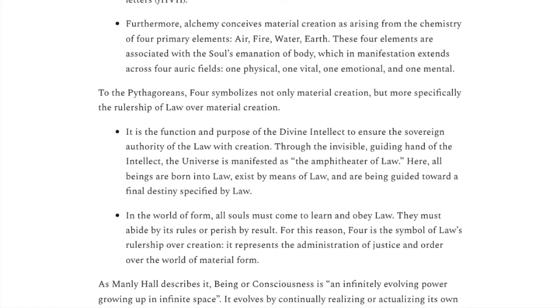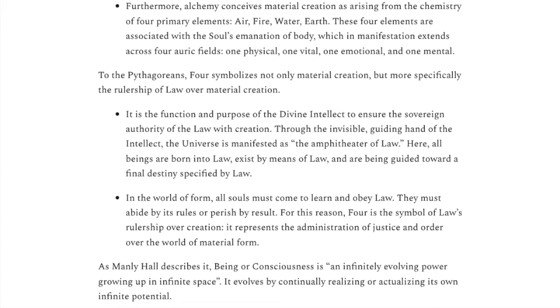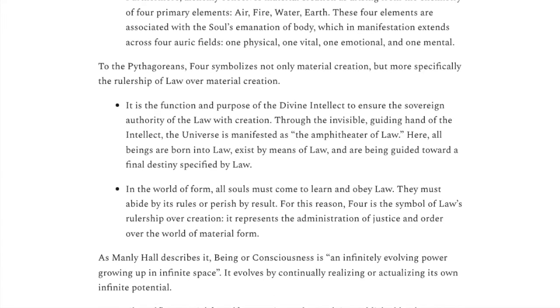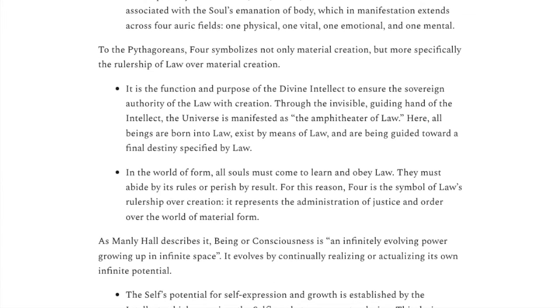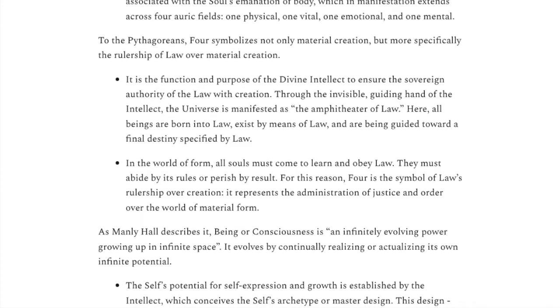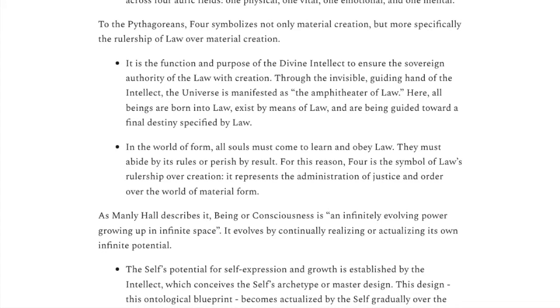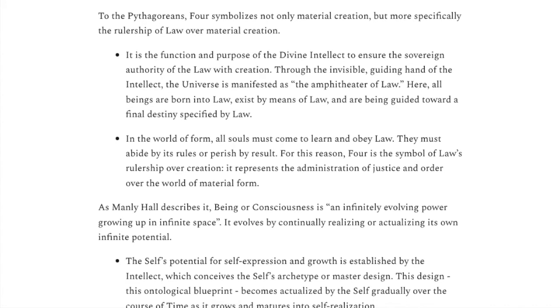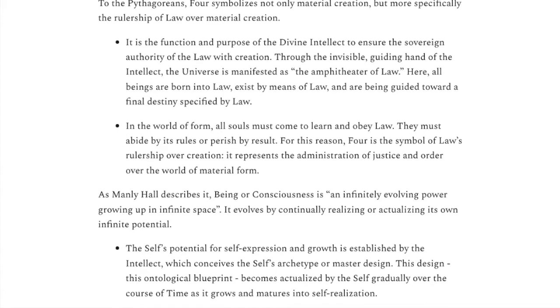Here, all beings are born into law, exist by means of law, and are guided toward a final destiny specified by law. In the world of form, all souls must come to learn and obey law. They must abide by its rules or perish by result. For this reason, four is the symbol of law's rulership over creation.